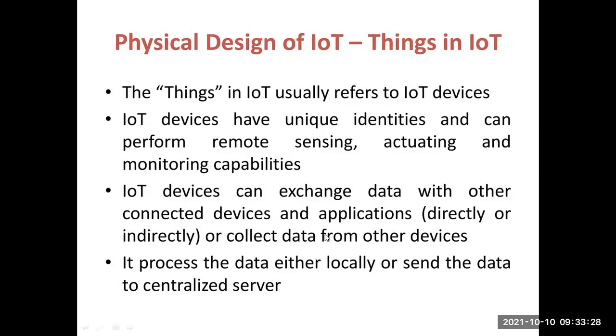An IoT device can exchange data with other connected devices and applications directly or indirectly, or collect data from other devices. It has to collect data from the connected device. If you have connected one or more devices in a network, it can exchange the data between the devices and collect from the other device.